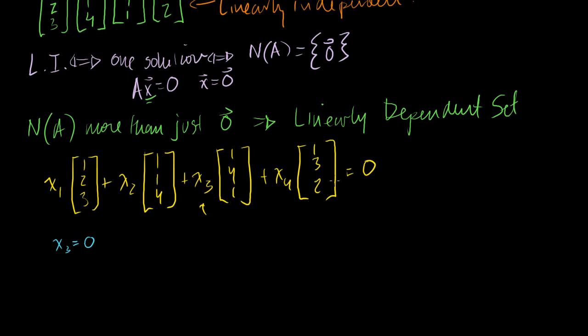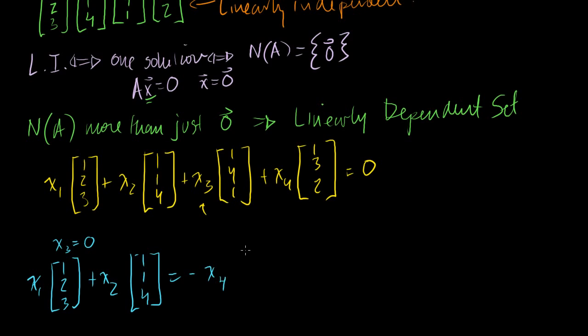Then I get x1 times 1, 2, 3 plus x2 times 1, 1, 4 is equal to minus x4 times 1, 3, 2. Now let me set x4 to be equal to minus 1.